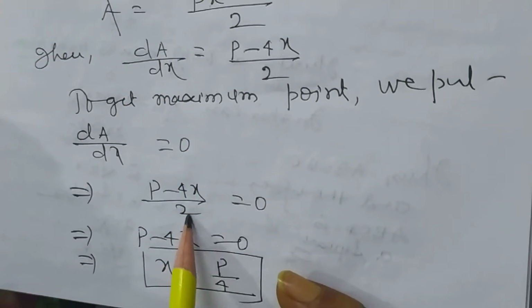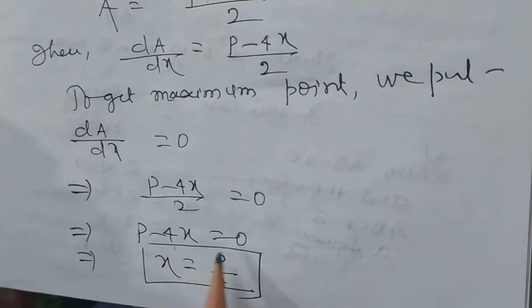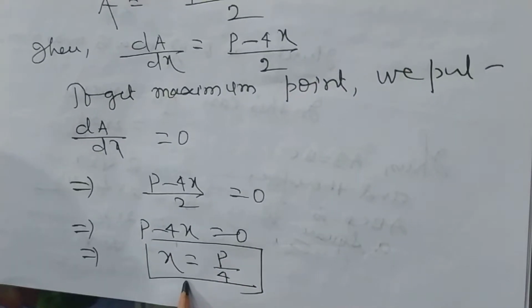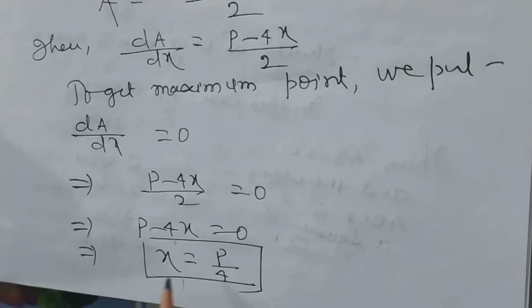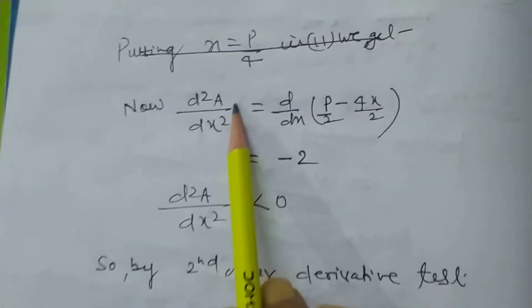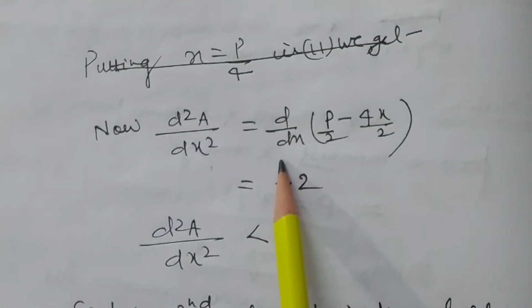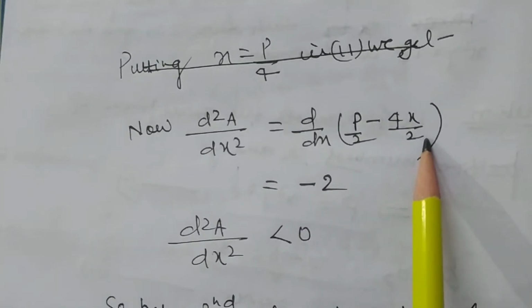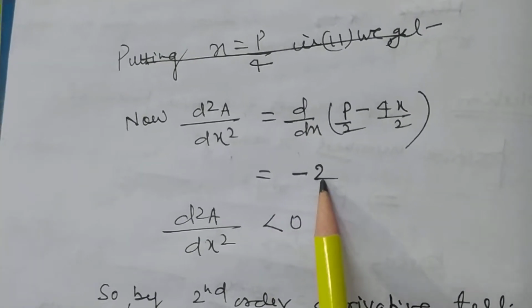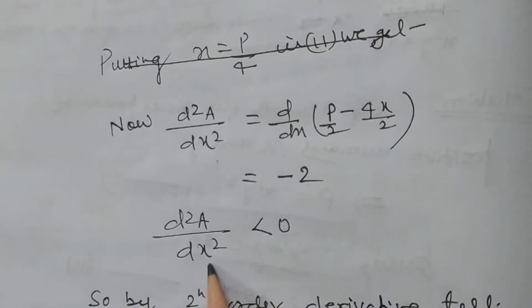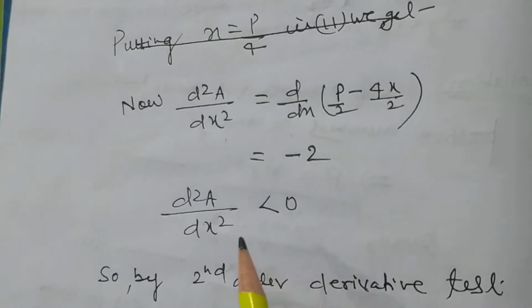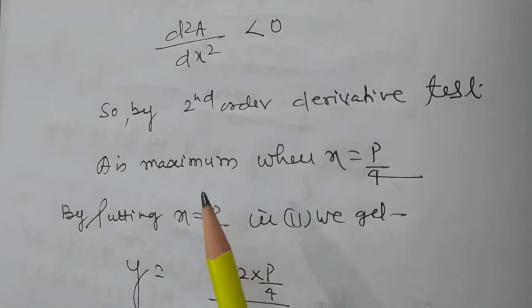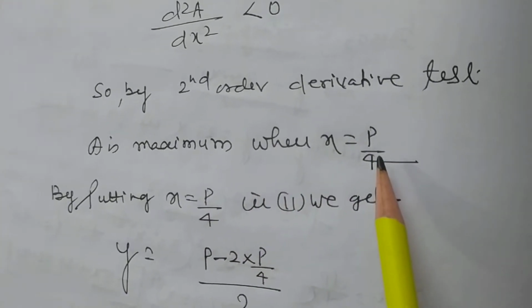So (p minus 4x) by 2 is equal to 0. P minus 4x is equal to 0 and x is equal to p by 4. Now the value of d2a by dx square is equal to d by dx of p by 2 minus 4x by 2. So this is equal to minus 2. So d2a by dx square is less than 0. So by second order derivative test, A is maximum when x is equal to p by 4.